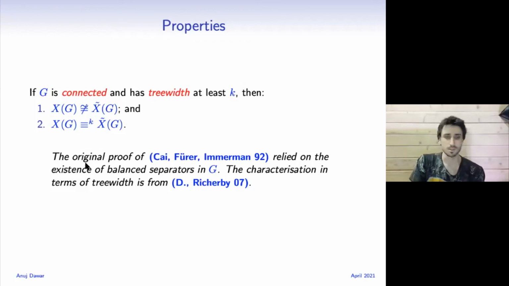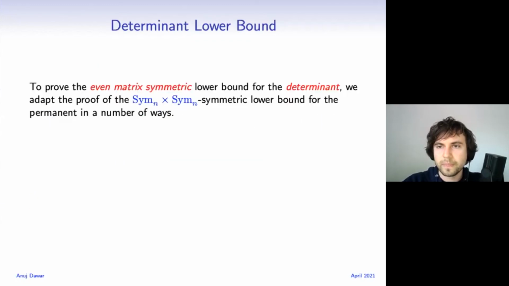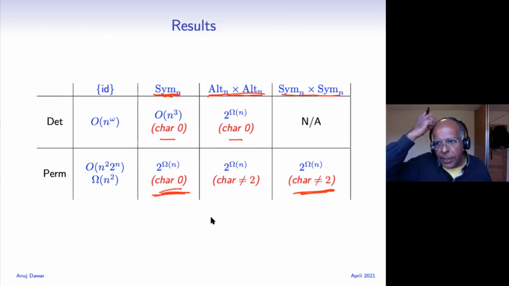Are there any other questions? Yes. Hi. Thanks for your talk, first of all. I was wondering, you mentioned that there's an issue with characteristic 0 or non-zero for the determinant. Our upper and lower bounds are only proved in characteristic 0.